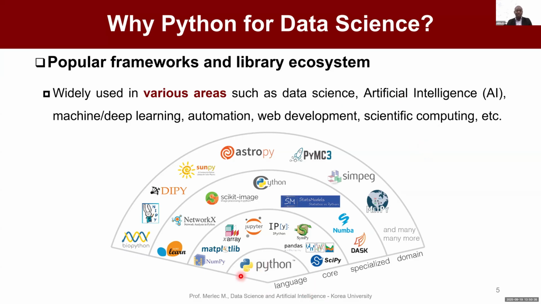You can see here Python as the core programming language, which provides the interpreter as the core module. On top of it, we have core modules that provide a framework where we can implement domain-specific applications. For example, we'll use Jupyter, which is a dedicated Python development environment.